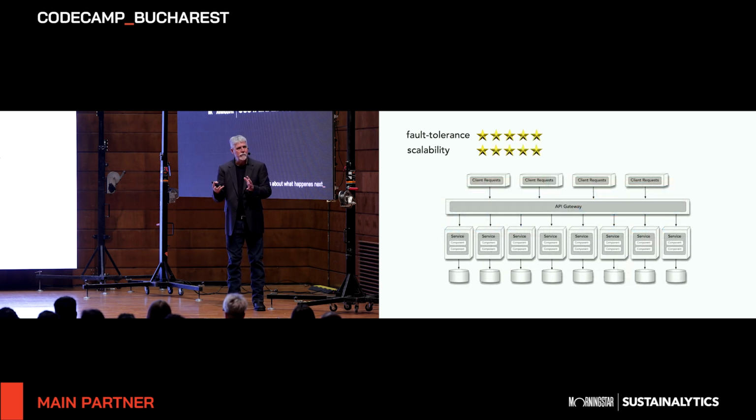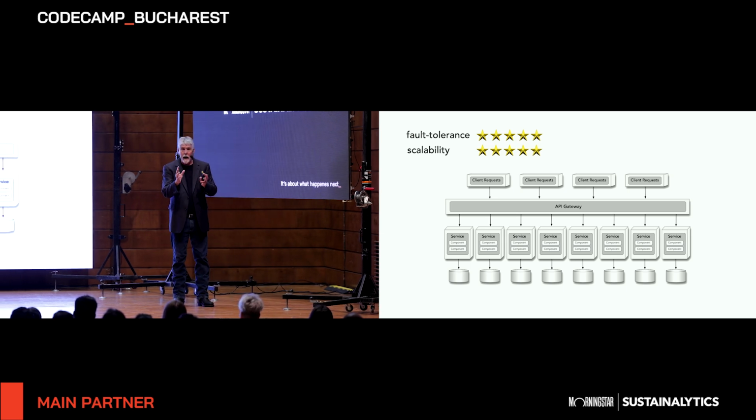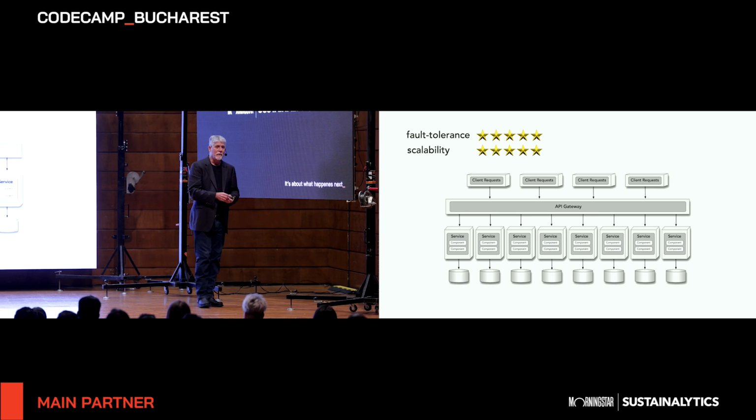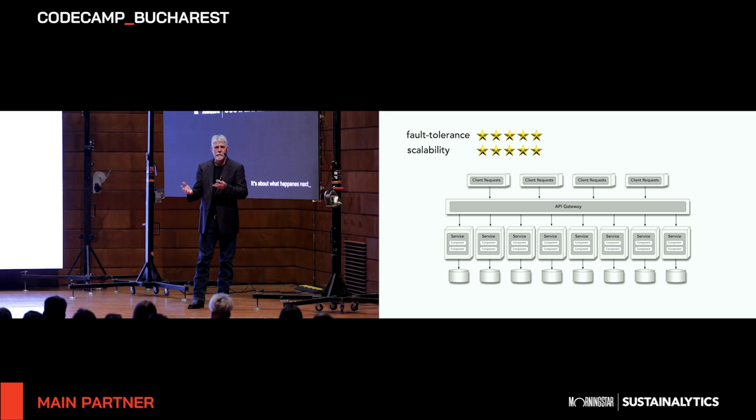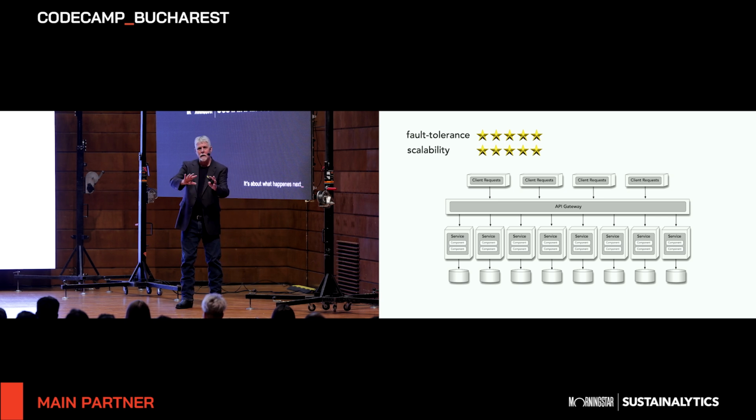Whereas, had we chosen a more appropriate architecture style, such as microservices, that has 5 stars, the highest star ratings for scalability and fault tolerance, it is true, we are adding some essential complexity, but we are significantly reducing that accidental complexity.